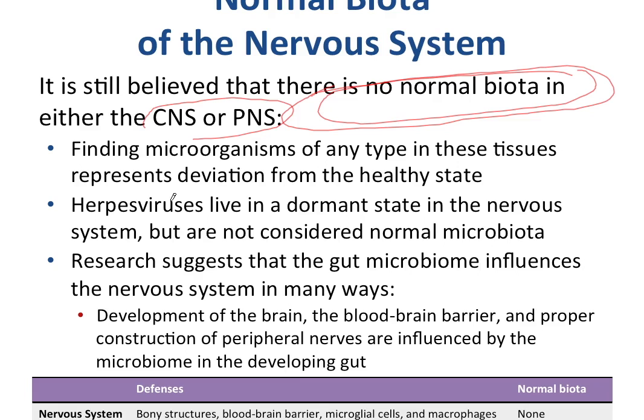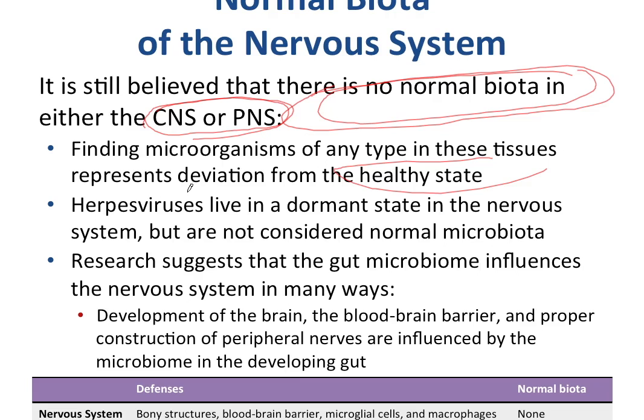So if we find microorganisms in the nervous system, that means a disease state of the nervous system, not a healthy state anymore. For example, herpes can live in the ganglions of the peripheral nervous system.